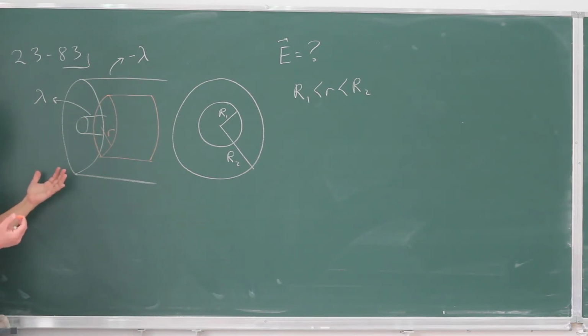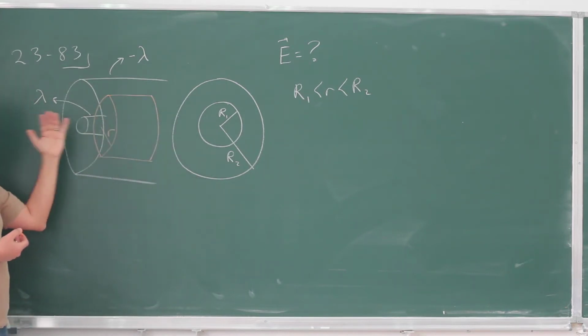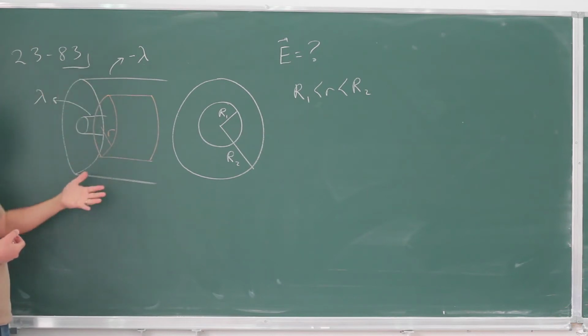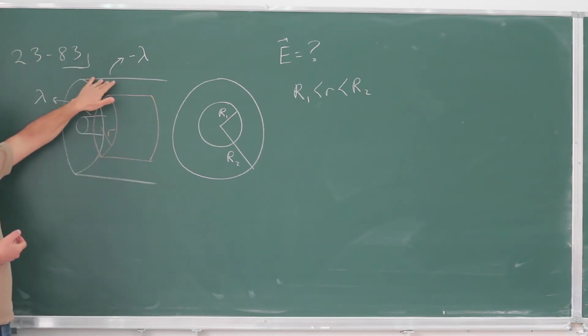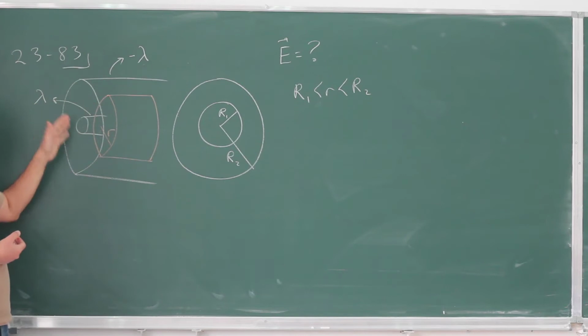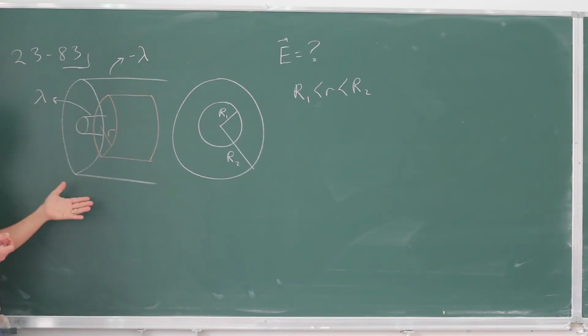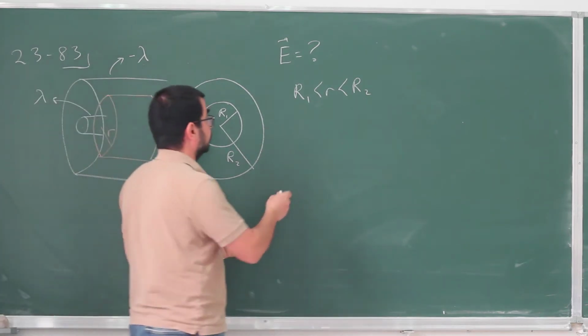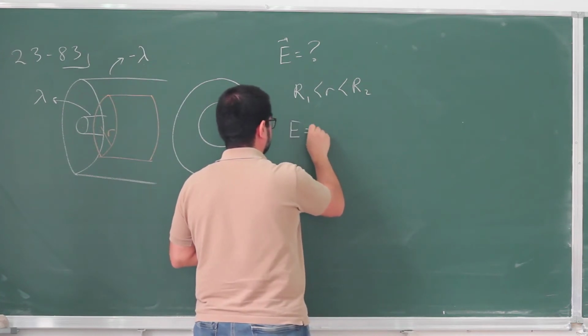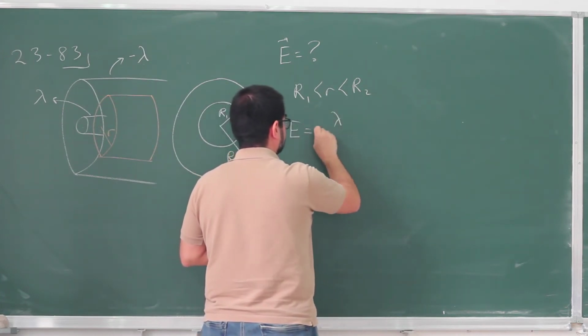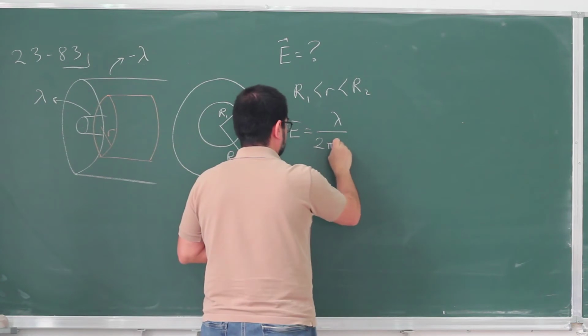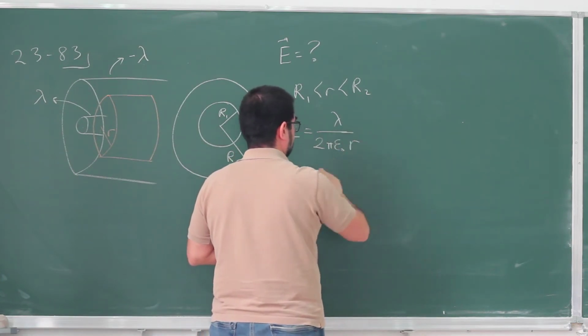The cylindrical symmetry is still going to be there, and by cylindrical symmetry what I mean is that translational symmetry along the axis and rotational symmetry around the axis. The presence of this doesn't destroy that, so everything we said for that problem is going to be applicable, right? So we can just copy the electric field magnitude from that one, and that was lambda over 2 pi epsilon naught r.